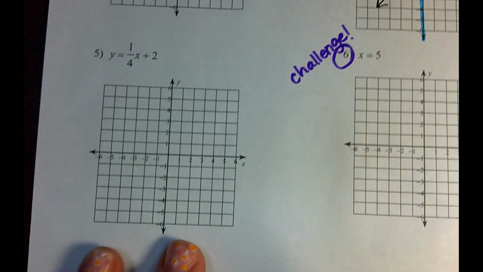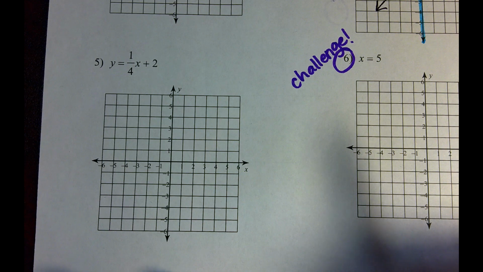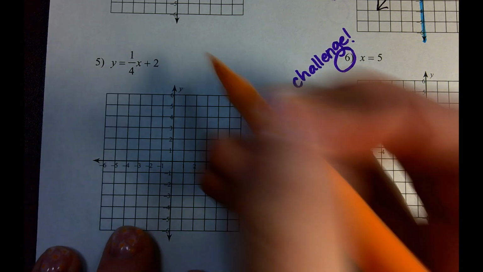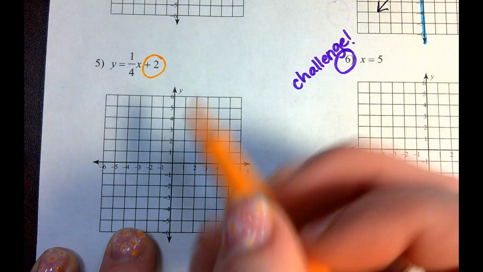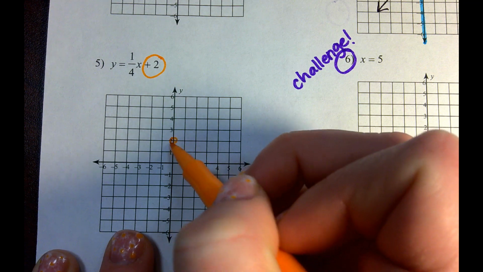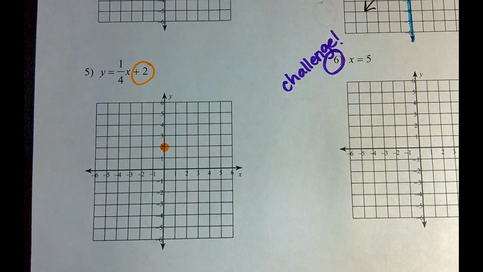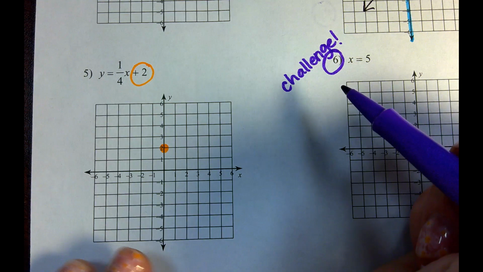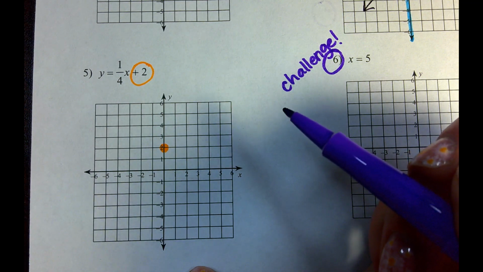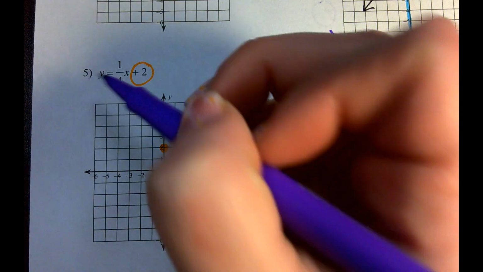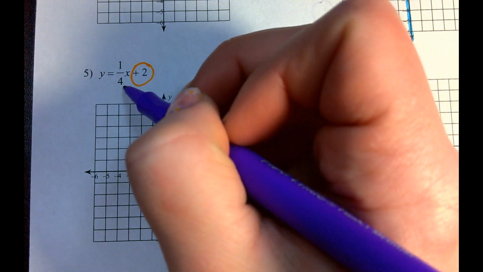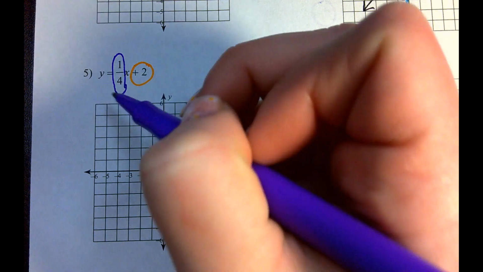So, what do I do first? Go to 2. Yep, we're going to start with our y-intercept, up 2. Now we're going to use what numbers next? 1 and which other? Yes, 1 and 4. 1/4. That's our slope.